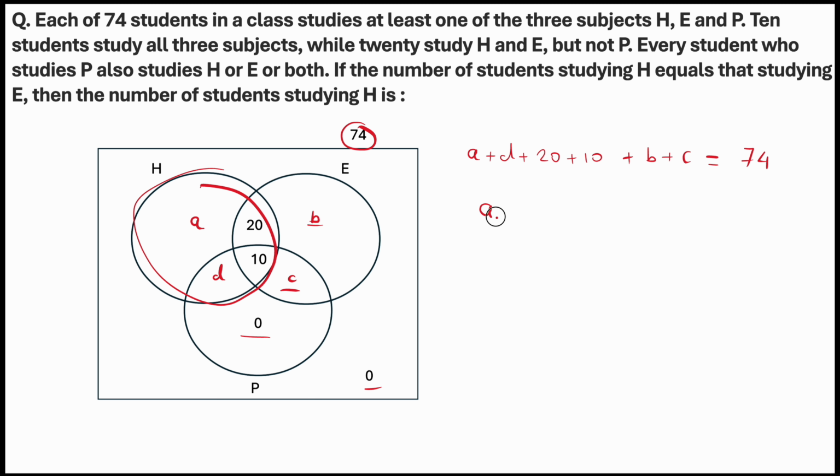This can be simplified to A plus D plus B plus C being equal to 74 minus 20 plus 10, that is 30. This will be 44. Let's call this our equation 1.